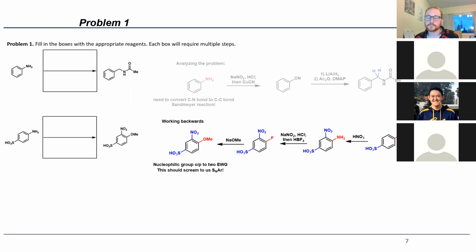Does the acid remove the SO3H group? In either of these cases, you mean either in the nitration or in the Sandmeyer reaction? Yeah. I think that would be something that you could control by reaction conditions.